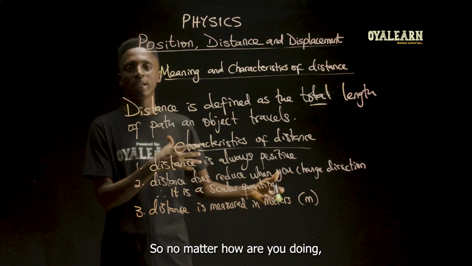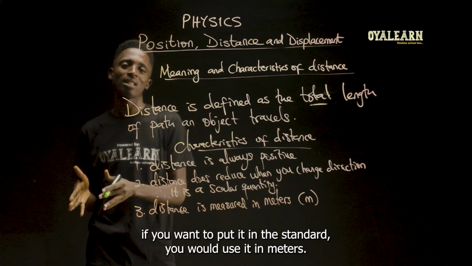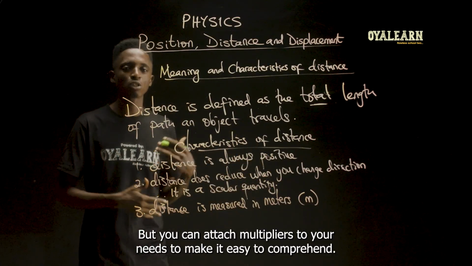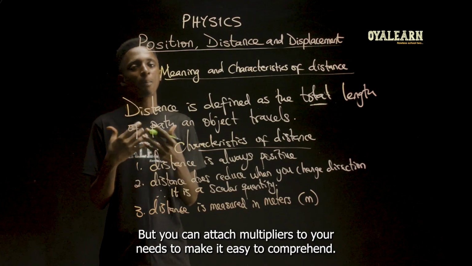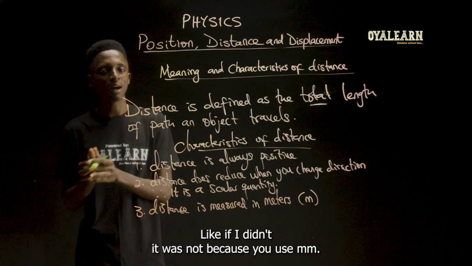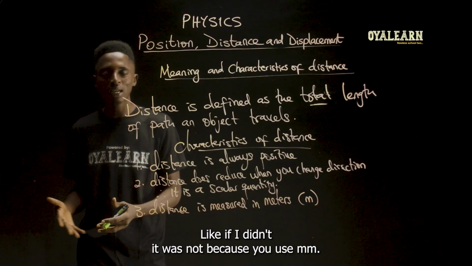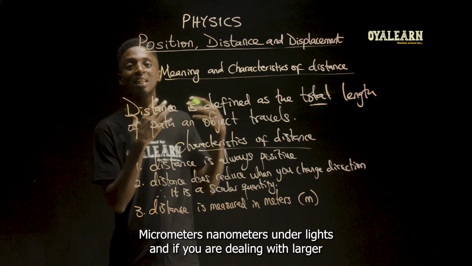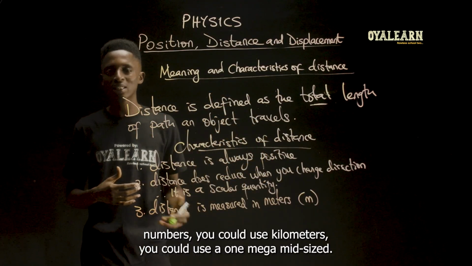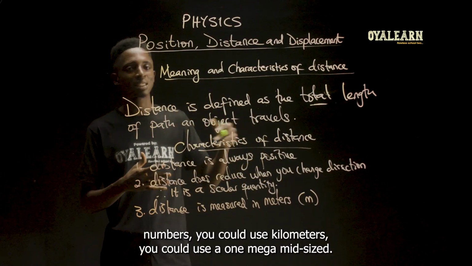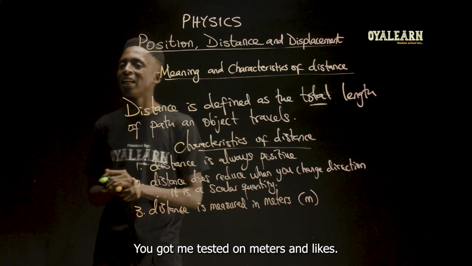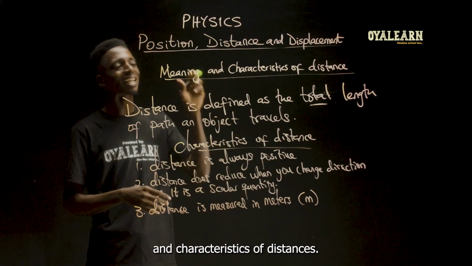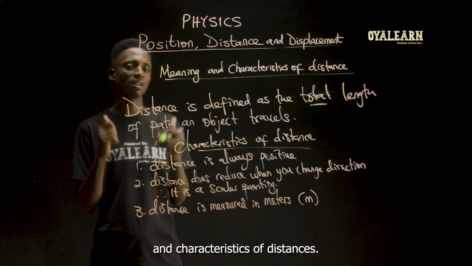So no matter what you're doing, if you want to put it in the standard, you would use meters. But you can attach multipliers to it to make it easy to comprehend. If you are dealing with small figures, you use millimeters, micrometers, nanometers, and the likes. And if you are dealing with larger numbers, you could use kilometers, even megameters, gigameters, terameters, and the likes. So that brings us to understanding the meaning and characteristics of distance.